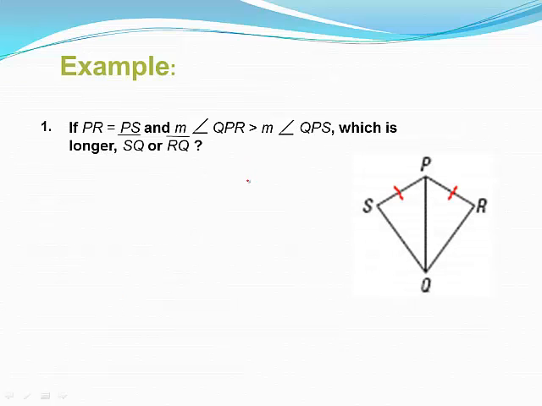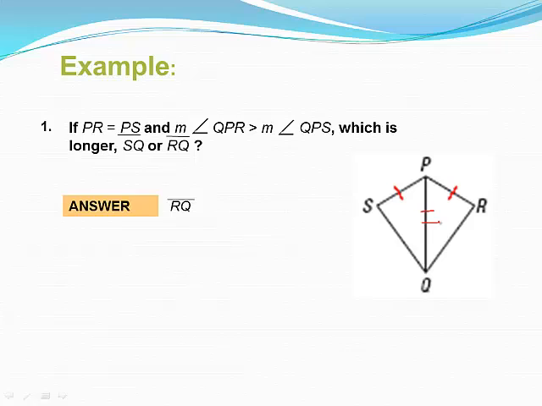Okay, what about this example? So we have, again, a reflexive property that we can label. So we know, that's your answer. We're looking at the measure of angle QPR. So QPR is this angle here, and we know it's larger than the measure of angle QPS.